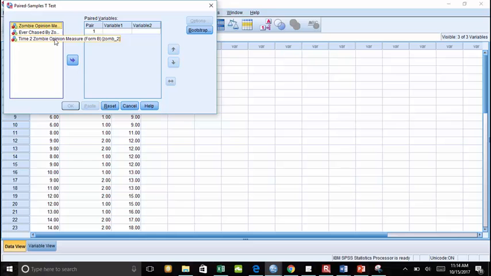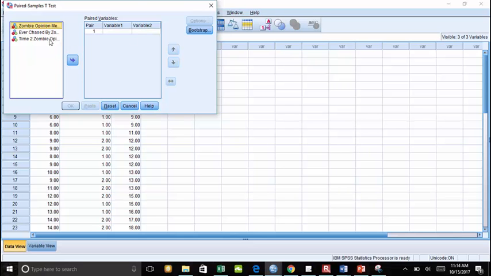From my lecture, you remember I was saying you kind of want to put the first variable in, the one that you think will be the larger number, and the second variable, the one that you think will be the smaller number on average. It won't be the case for everyone, but on average. And this is how SPSS will do your subtraction. Variable 1 minus variable 2. And we kind of want our difference score, if possible, to be a positive number. It's just easier to understand when you have a positive number there.